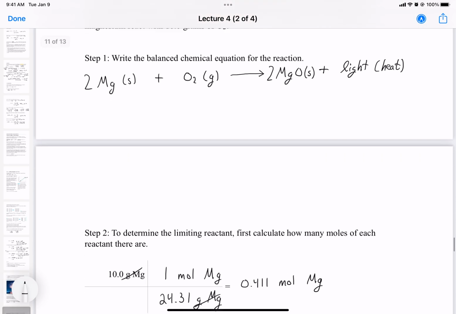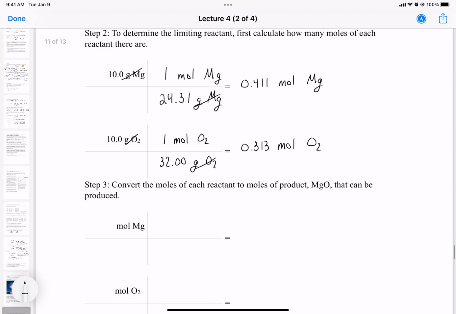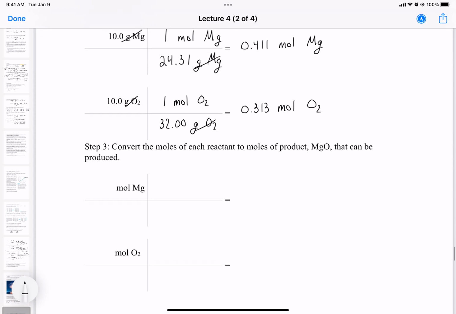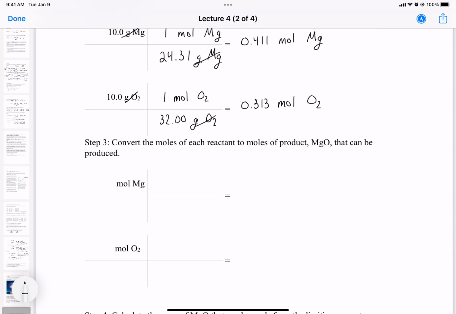So for this, let's demonstrate how many moles of product can be made from both our reactants. So we have 0.411. We use 3 sig figs here. So magnesium oxide, our next example.